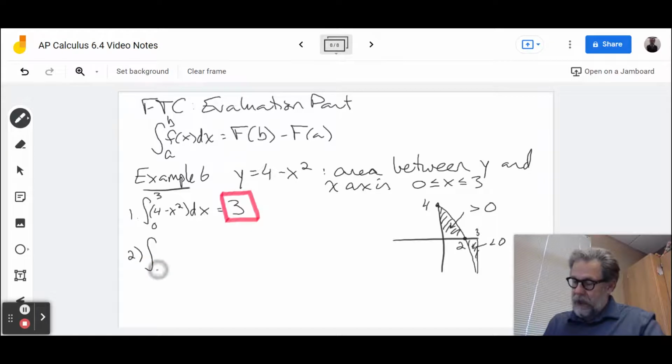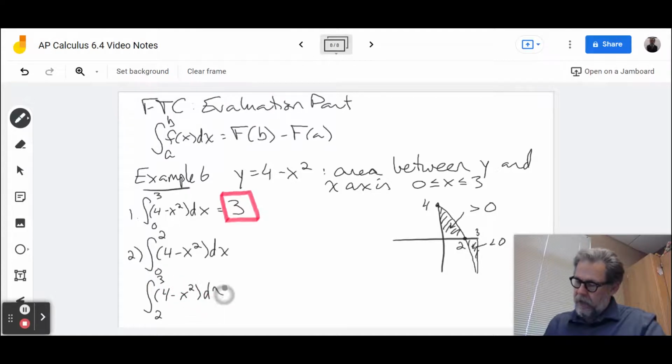We're going to say, well, let's go from 0 to 2 because I know that that's all positive. And then let's calculate what happens between 2 and 3 because I know that that's going to be negative. And when I do this, I know that the antiderivative of 4 minus x squared is 4x minus 1/3 x cubed.